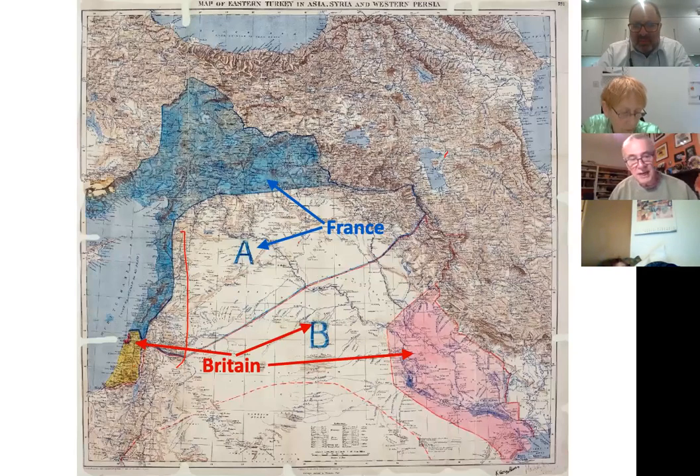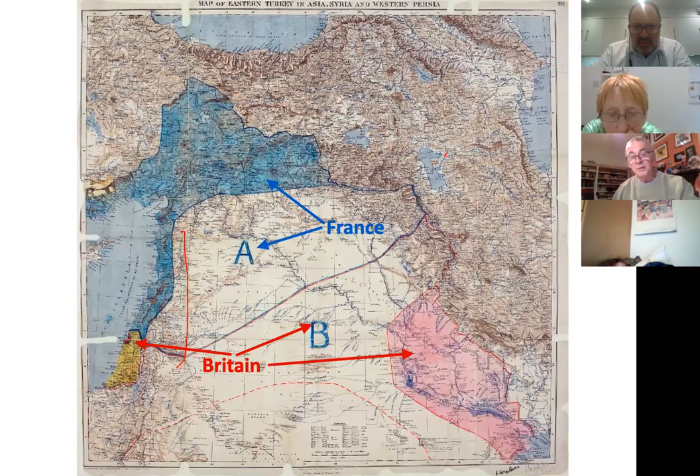You can just see that arrow pointing leftwards. We had a tiny little enclosure around Haifa and Akko to give us a seaport, but none of the rest of Palestine. And then we had Jordan, and going further east, we had what was some of Iraq and Syria and Lebanon.